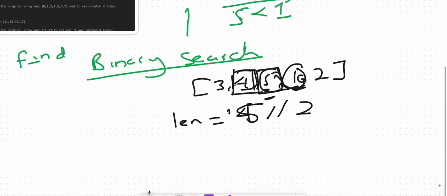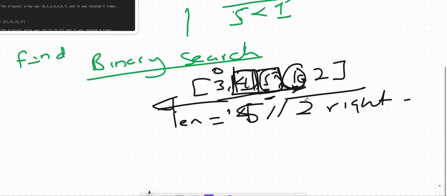If 4 is greater than the number, it means you are still on the increasing side of the array, so we try the left side. But if that is not the case, we try the right side.